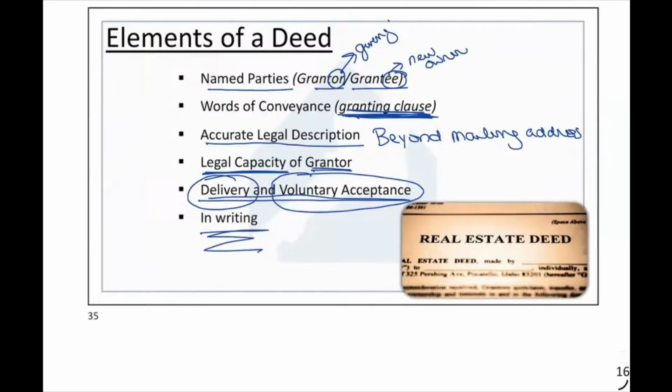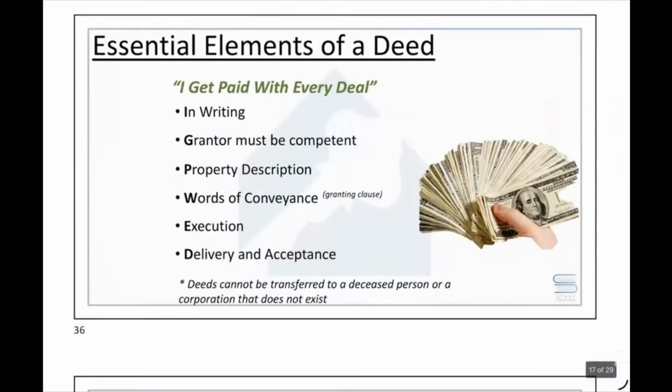So there you go. All of these things are the elements of a deed that have to be there. I like to teach it as "I get paid with every deal." It must be in writing. The grantor must be competent. It has to have a proper description. It's got to have words of conveyance or a granting clause.